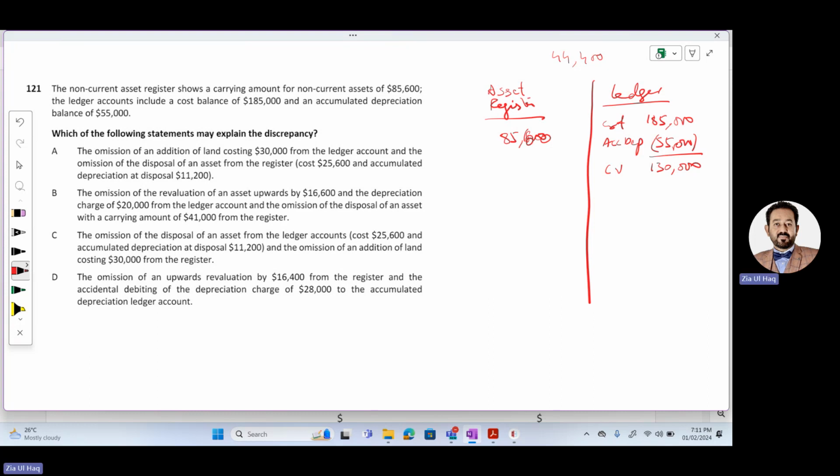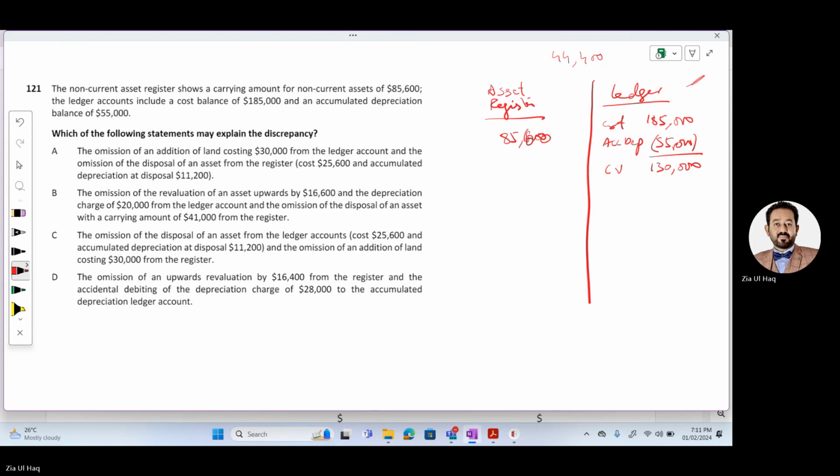Which of the following statements may explain the discrepancy? Meaning why is there a difference? Either there is something omitted here, or something recorded more here, or something recorded in the ledger but not in the asset register.